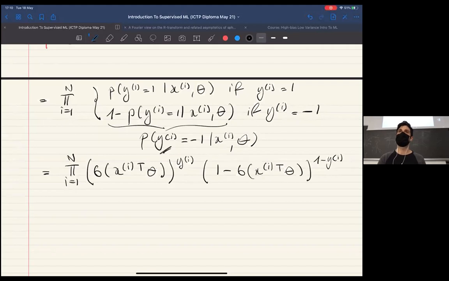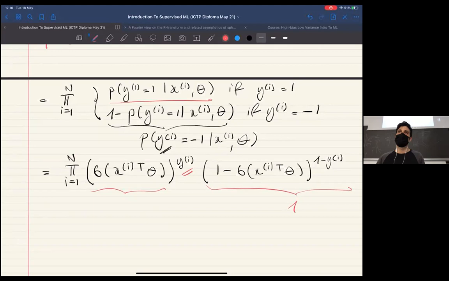Why? It's very simple. You check if in my training data for the sample i, the yi is equal to 1, then this gives me something to the power 0, so it gives me a 1, while this gives me exactly the probability I want.